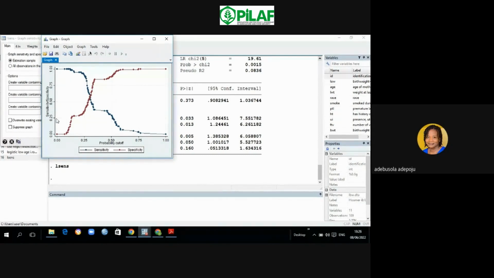Sensitivity is about 25%. Again, from that 0.5, if you trace it up for specificity, it's more than 75%.